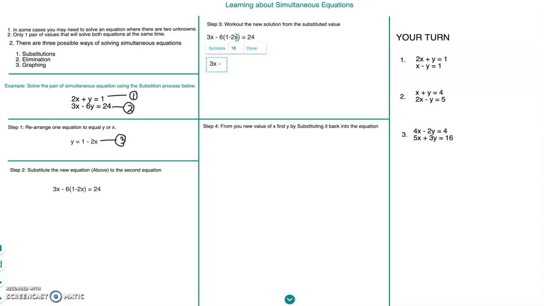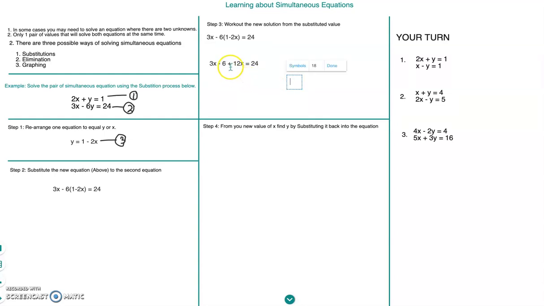So 6 multiplied by 1 is equal to 6. And a negative value multiplied by a negative value makes it a positive value. So minus 6 multiplied by minus 2 makes it a plus 12x is equal to 24.